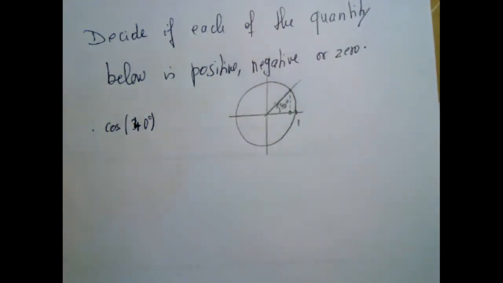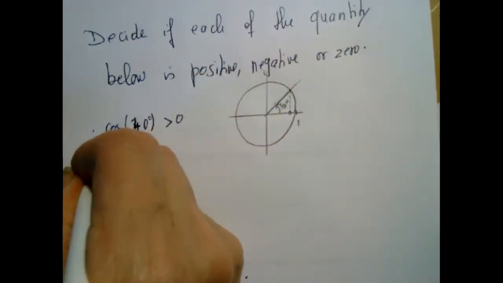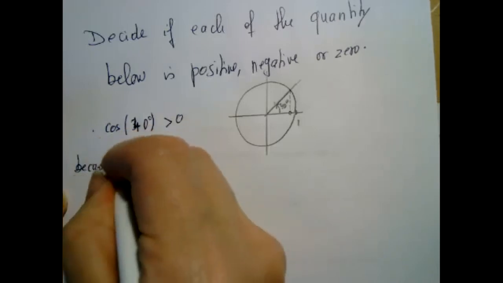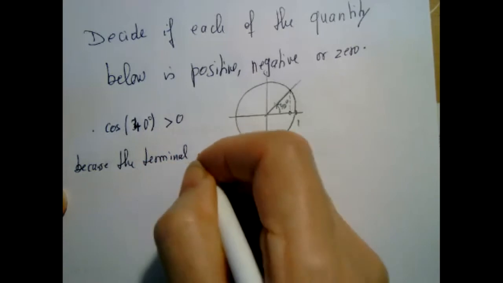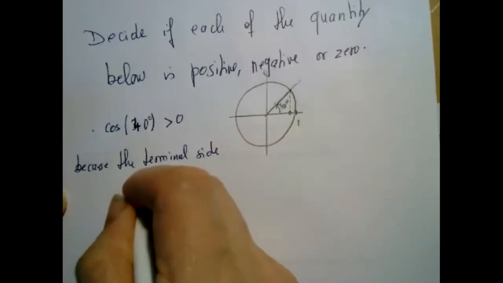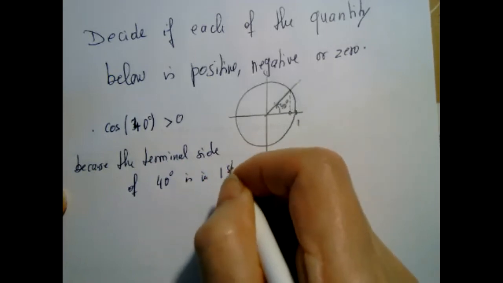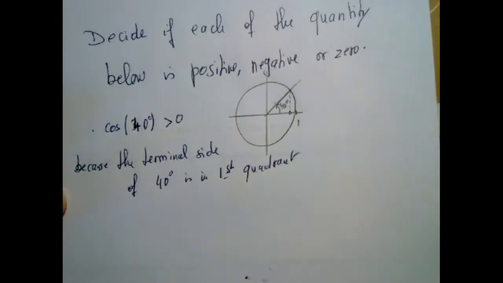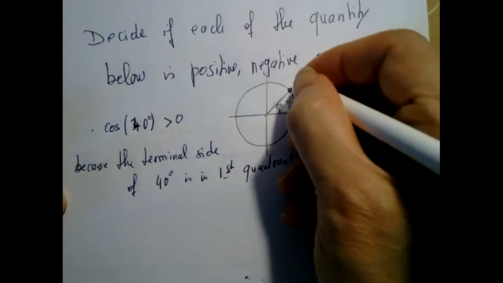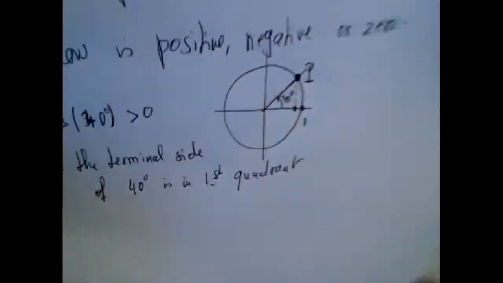So cosine 40 is positive because the terminal side of the angle 40 is in the first quadrant. Or you can say, because the point P is in the first quadrant.